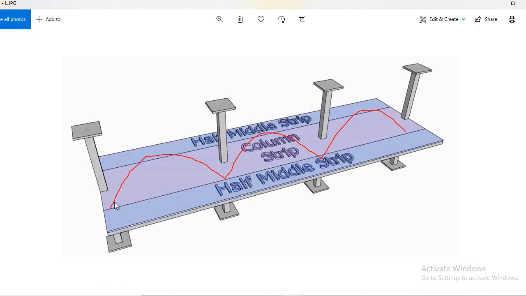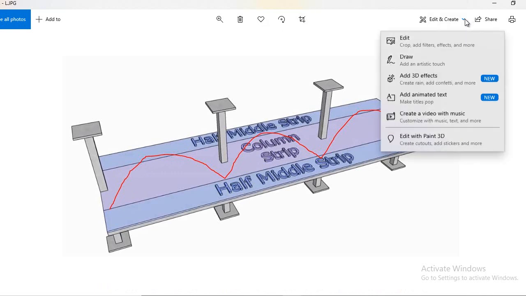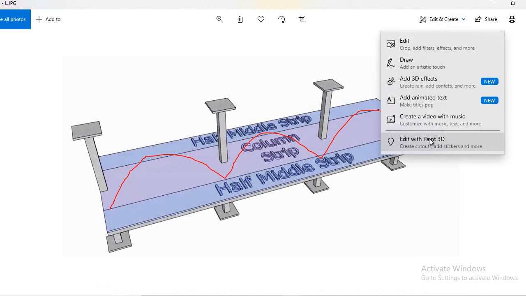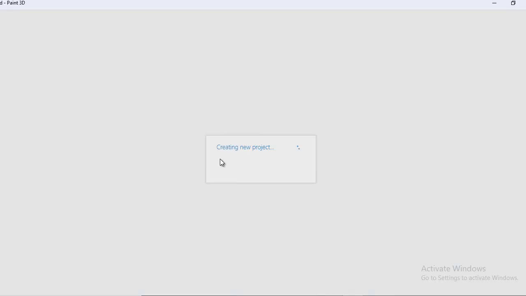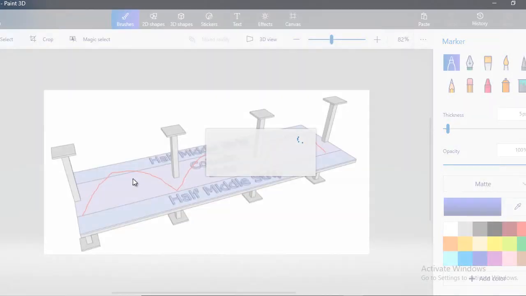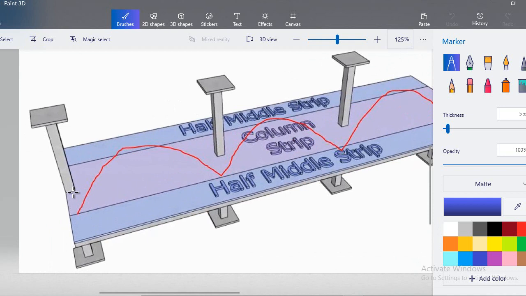Now let me discuss this moment right here. You see here we have a negative moment, and what will be the amount of this moment?